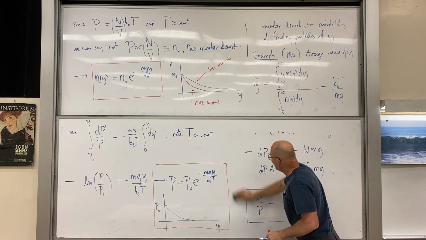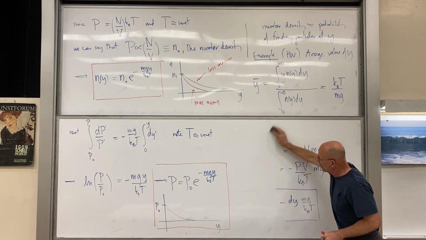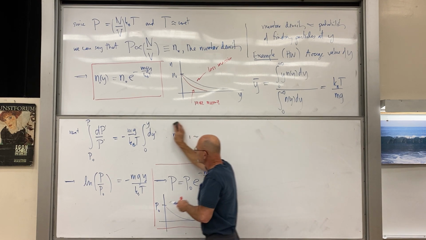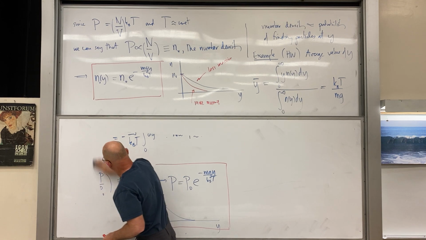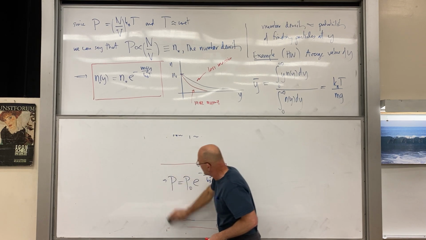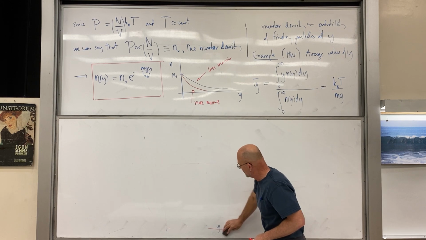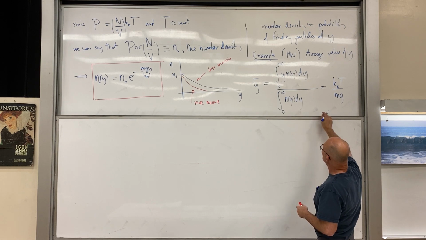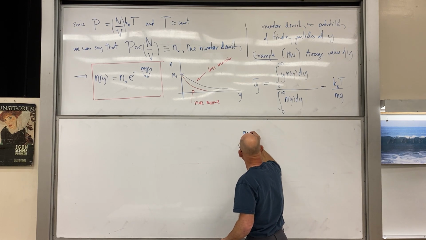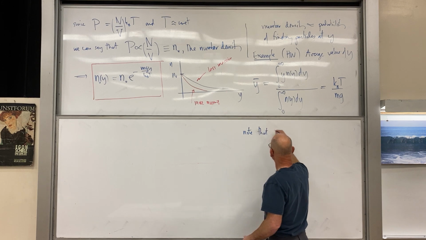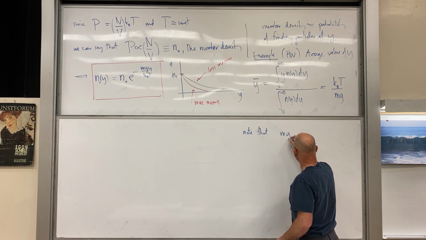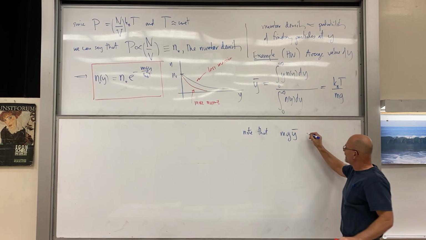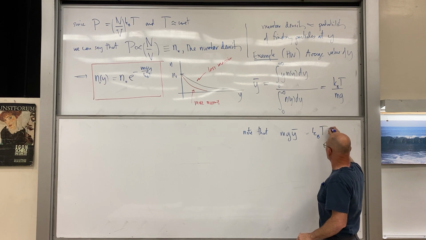So let's look at what that means. Okay, we'll leave that up. Okay, so what does this mean? Note that we have mg y average, just from this here, is equal to k Boltzmann temperature.